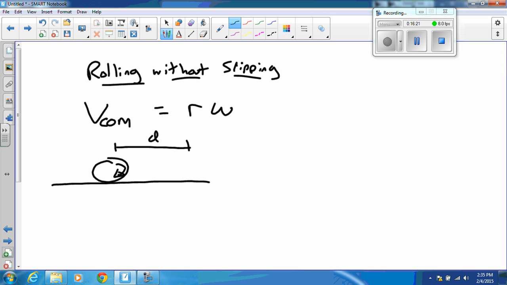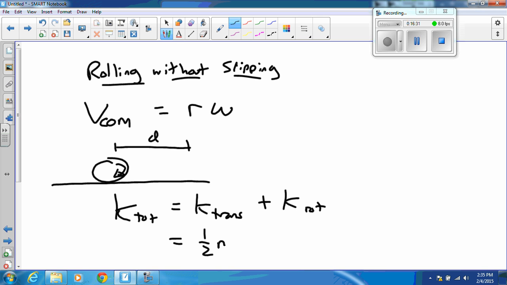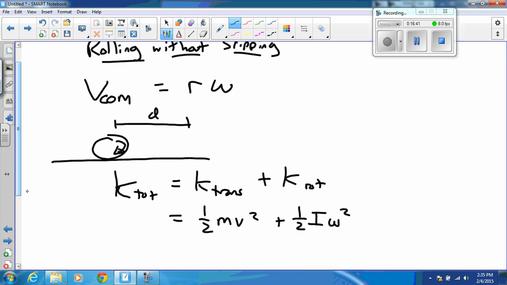Let's see why that is so. We know that the total kinetic energy is equal to translational plus rotational. And we already know the expressions for both of those: 1/2 mv squared for the translational and 1/2 I omega squared for the rotational. And now here's the key move. Because my object is rolling without slipping, I know the value of omega.